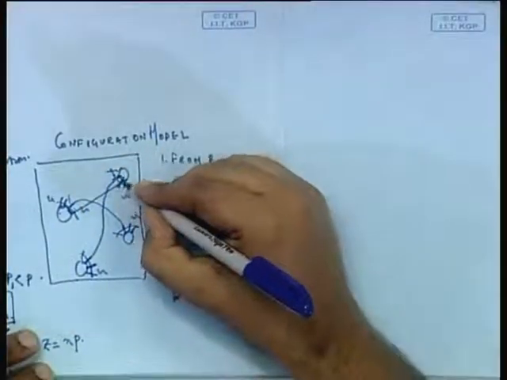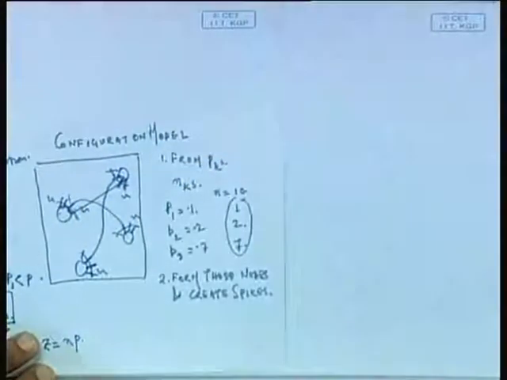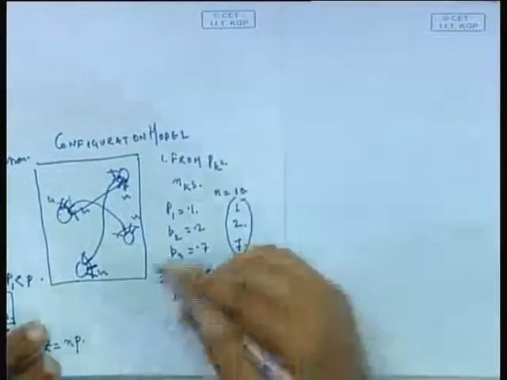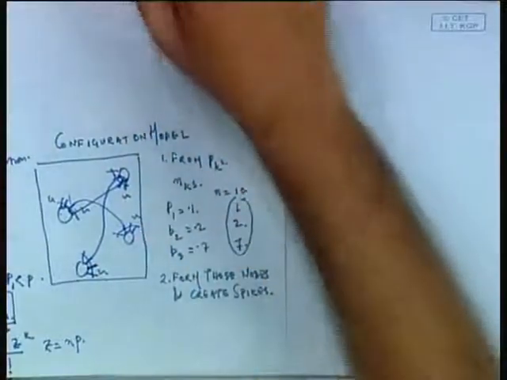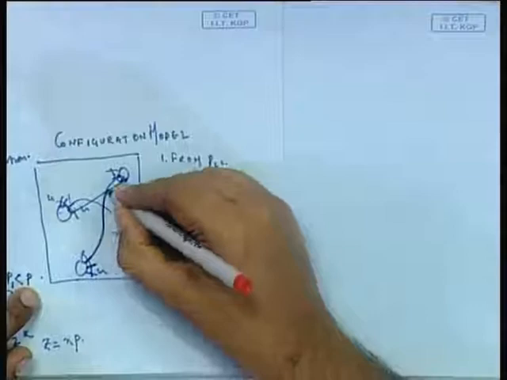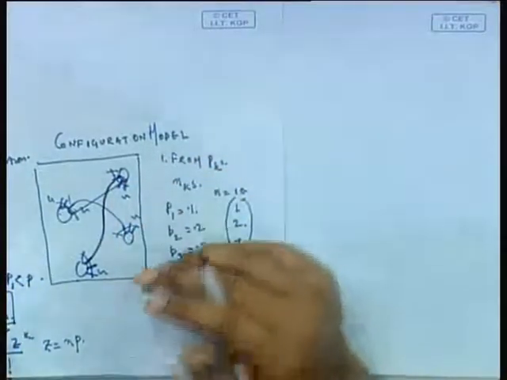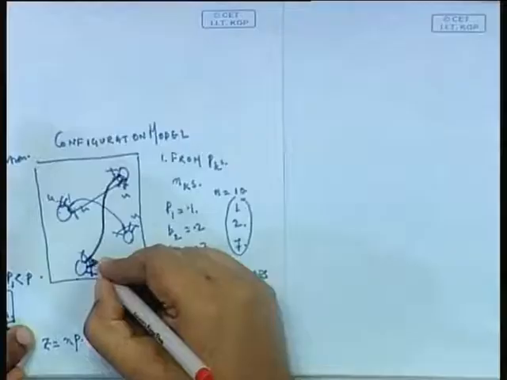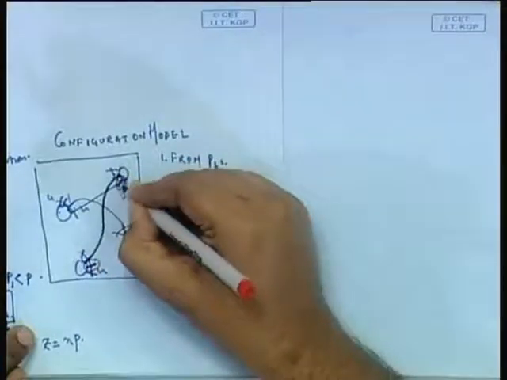Everything has finished, there are connections this way, but at the end what is left? A spike here and a spike here.